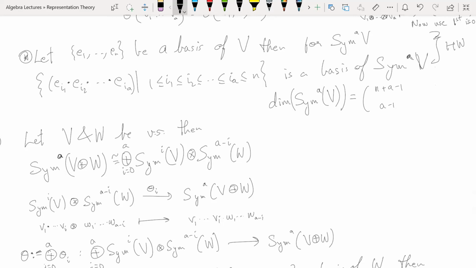So this is some sticks and stones argument. There are n things which you have to divide into A guys. I think it would be n minus 1.